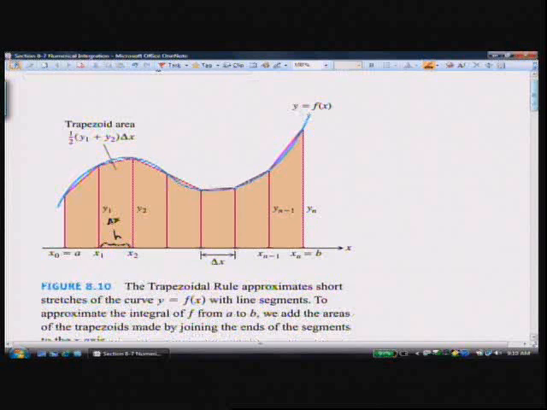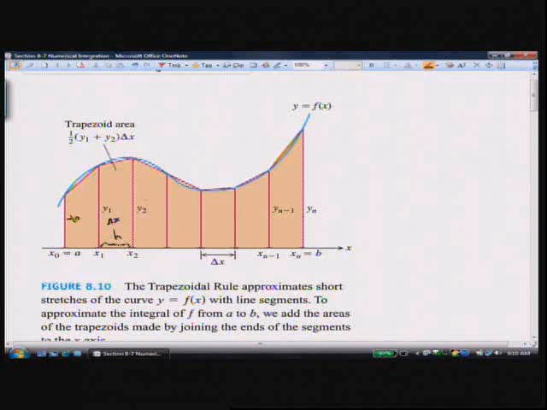If you were to do this over and over again, let's just think about it. This is y naught, right? And this first trapezoid is going to be 1/2 (y naught plus y1) times delta x. The second one is going to be 1/2 (y1 plus y2) times delta x.